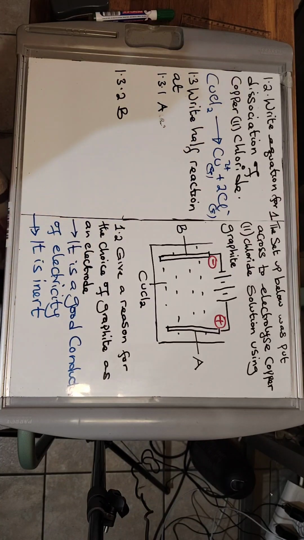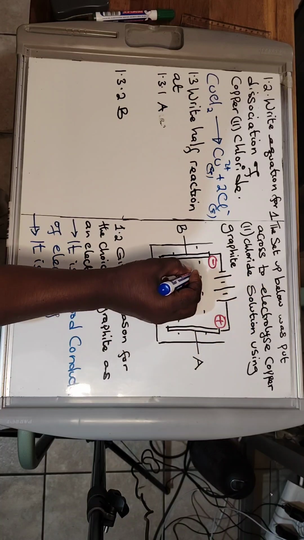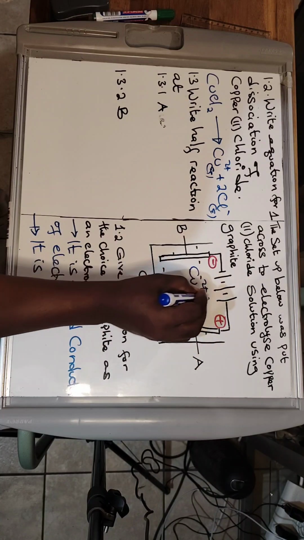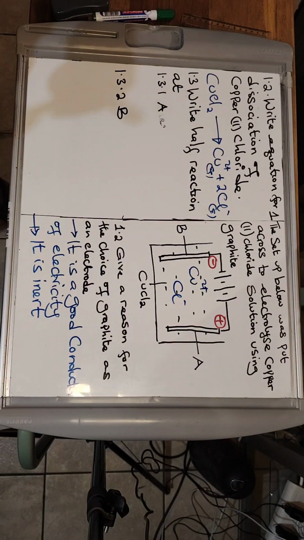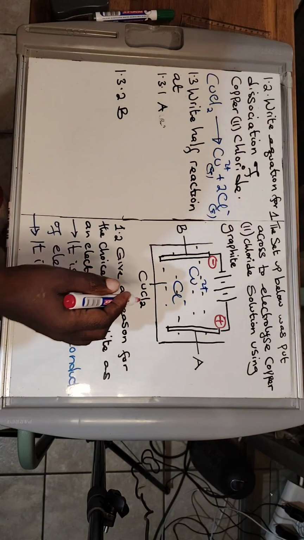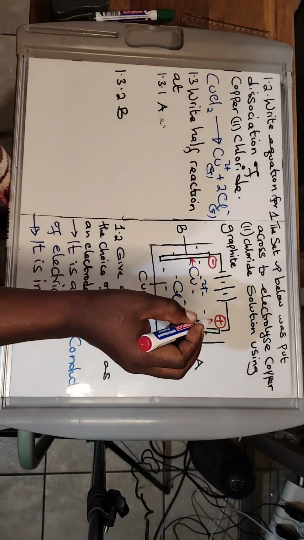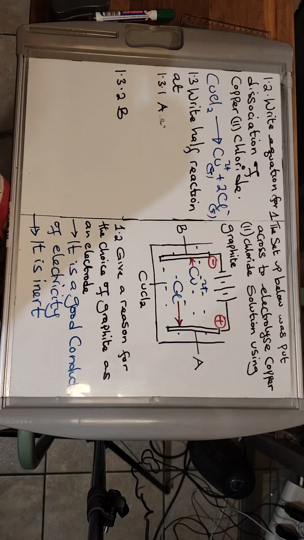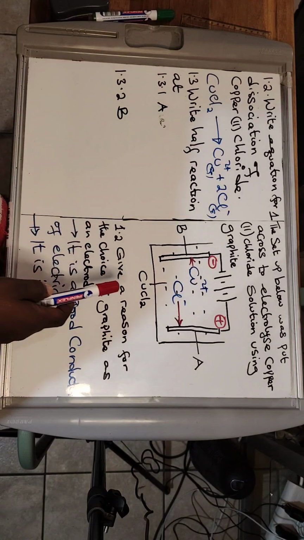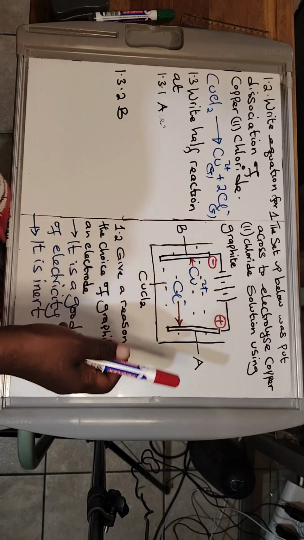Now, you need to be reminded that what we call the electrolyte actually are ions: the copper 2 ions and the chloride ions. After that, you have to know the mechanism of conduction. The positives move to the negative, and the negatives move to the positive. In other words, the cations move to the cathode, and anions move to the anode.